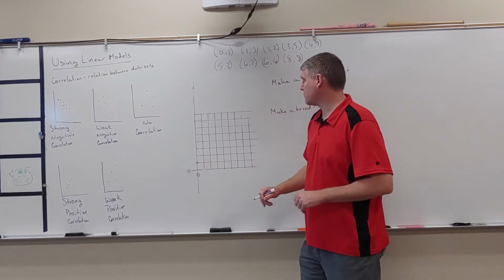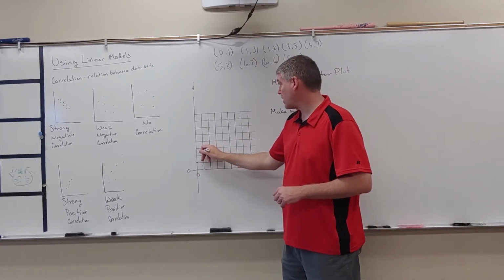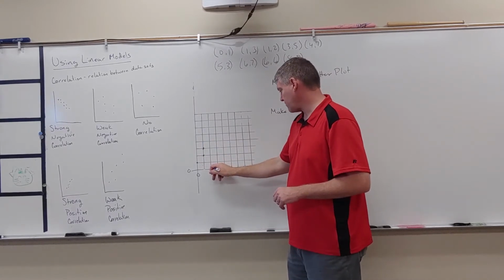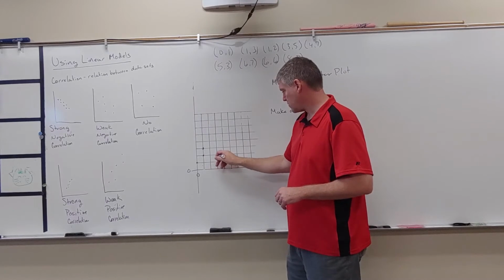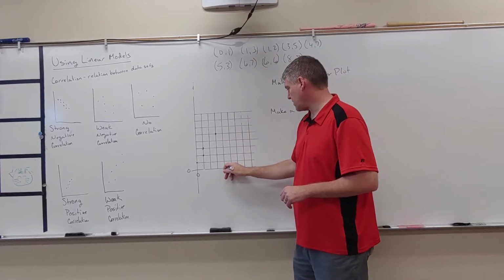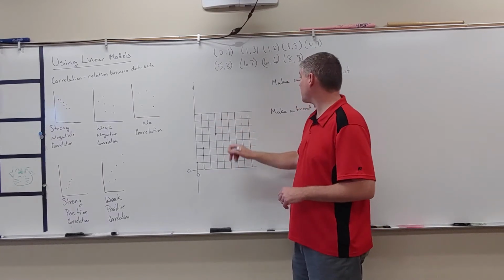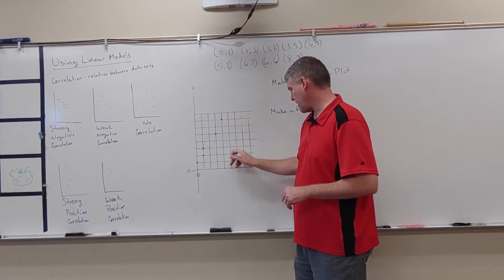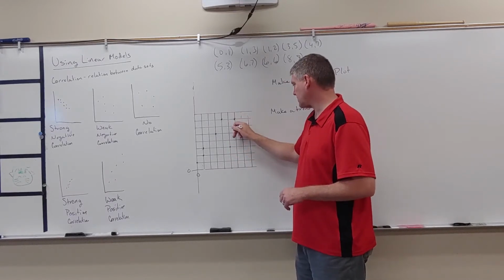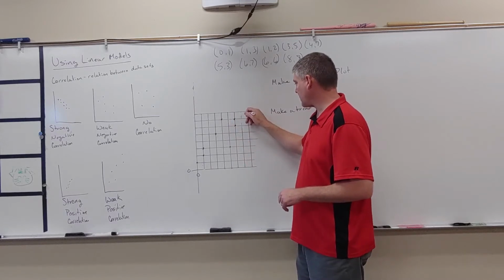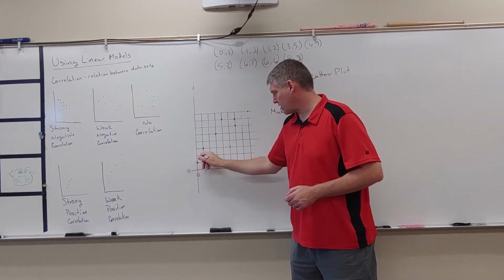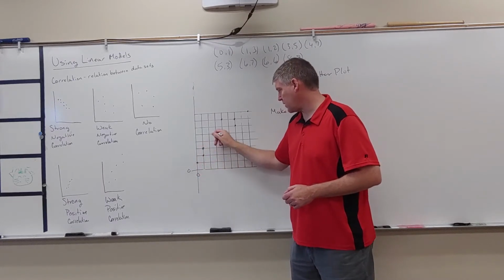There's my first one. 1, 3, 1, 2. 3, 5, 2, 3, 1, 2, 3, 4, 5, 4, 7, 4, 7, 5, 3, 5, 3, 6, 7, and 6, 6, and then we have 8, 8. As I look here, hopefully you can see these points. I'll make them a little bigger.